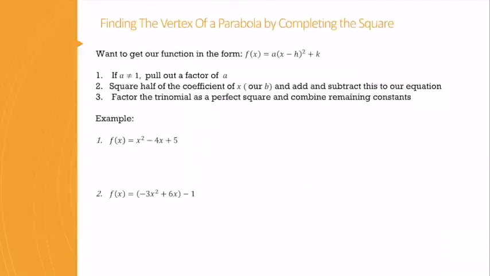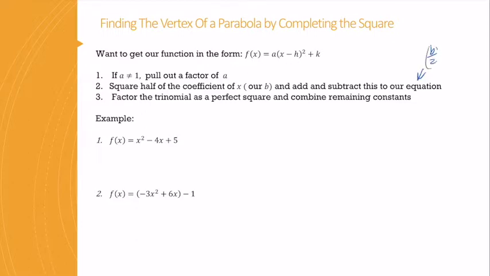So let's find the vertex of a parabola by completing the square. This is a little bit of a different method. Okay, so what we're going to want to do is, if a doesn't equal 1, pull out a factor of a from our terms. Then we want to square half of our coefficient of x and add and subtract this to our equation, because that will add to 0.